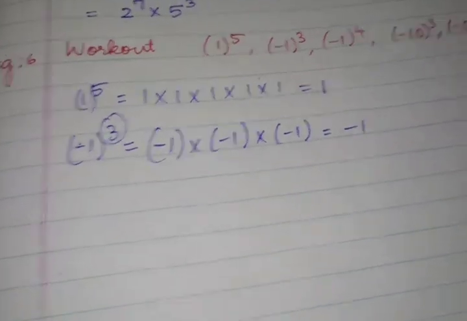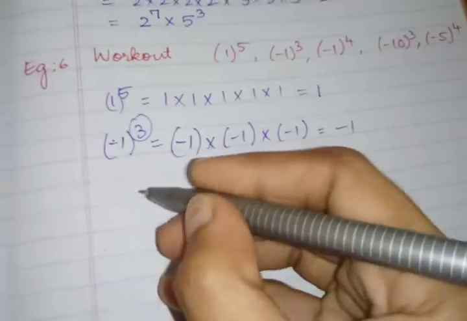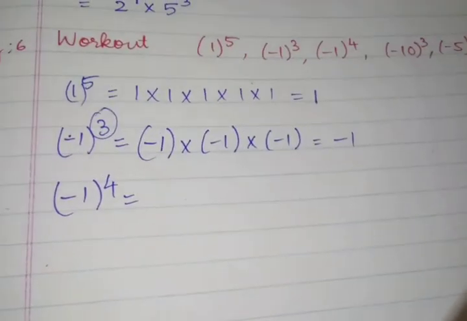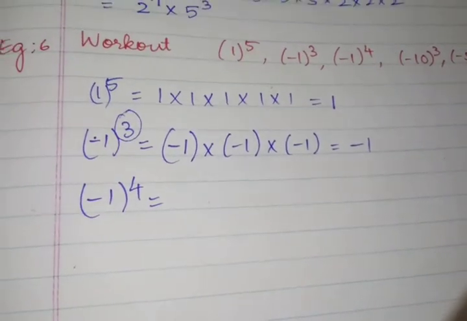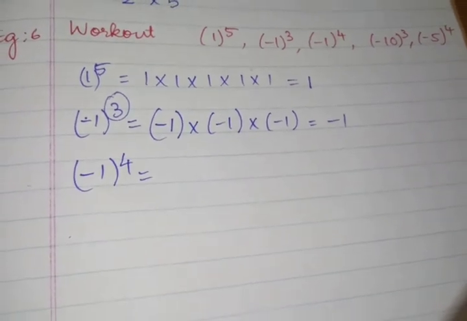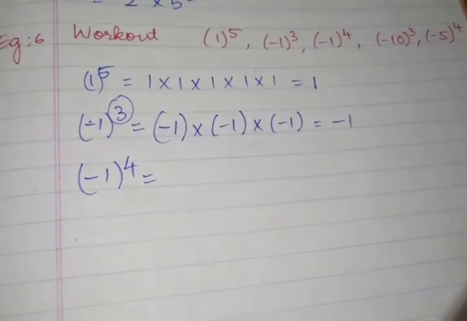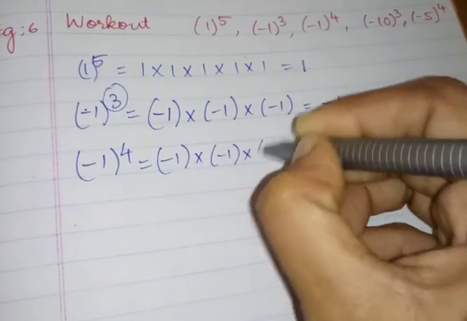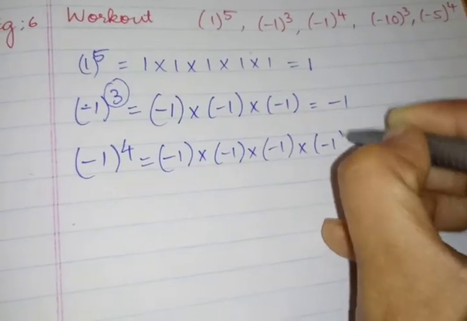Okay, next. What is the next question? Minus 1 the whole power 4. What is the meaning, children? Minus 1 is multiplied 4 times. So minus 1 into minus 1 into minus 1 into minus 1.